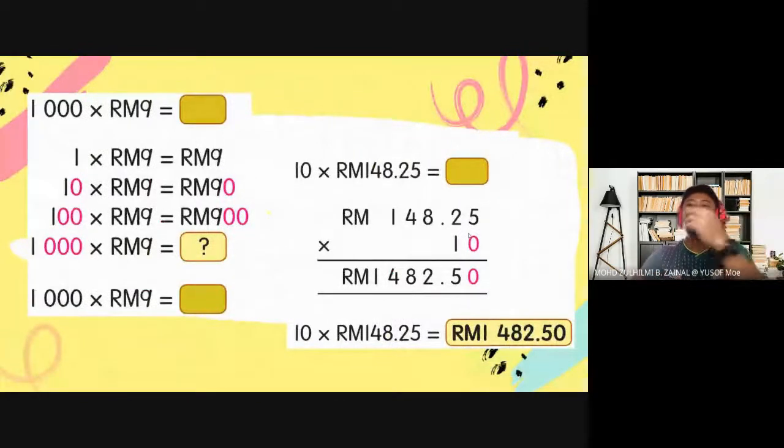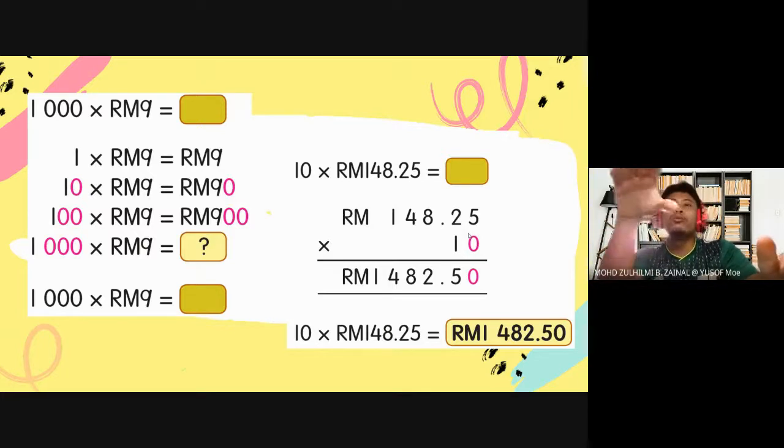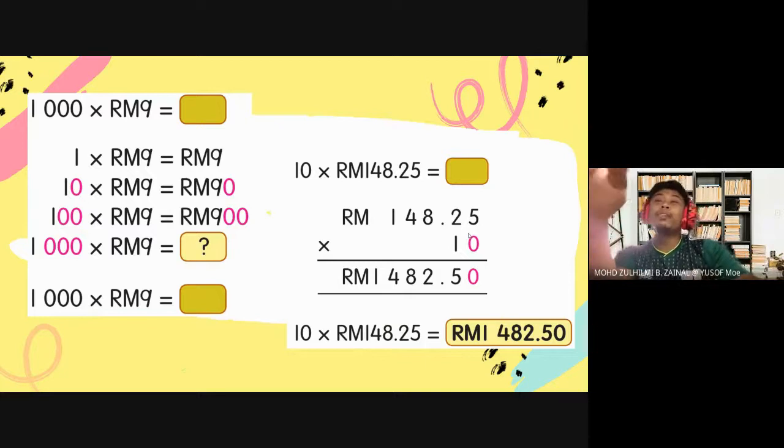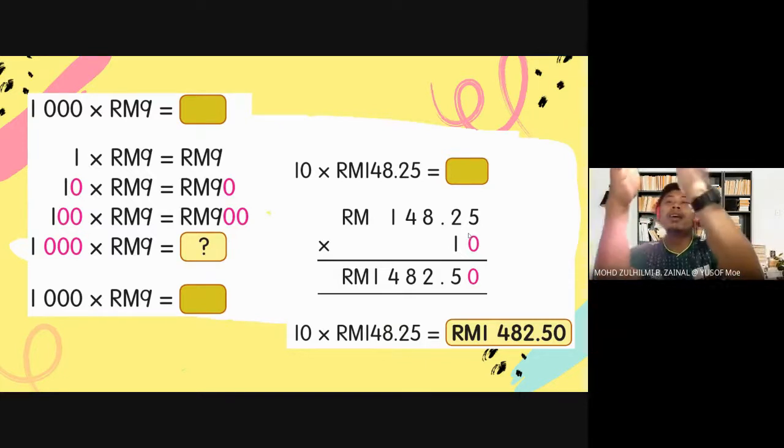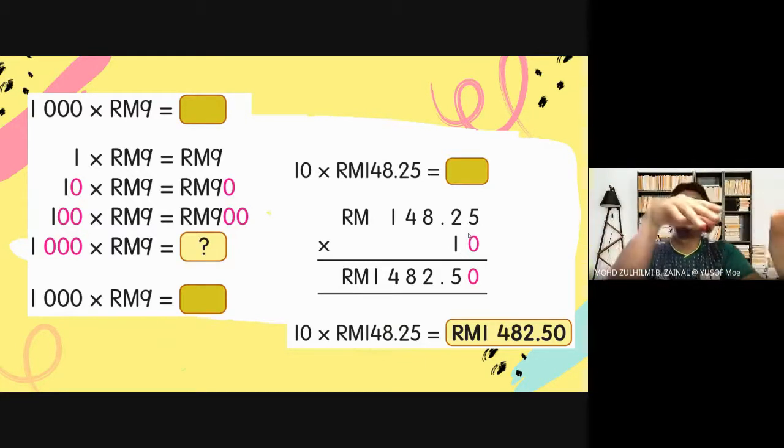Okay, understand? So the method is simple. If you're using the method as the book shows, kalau kamu tengok dalam buku teks kamu, macam cikgu tunjuk dekat depan ni, kalau kamu ikut the method, you can see that number 10 tu dia letak proportionally bawah number unit cent.